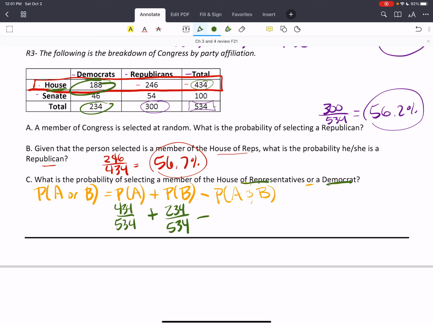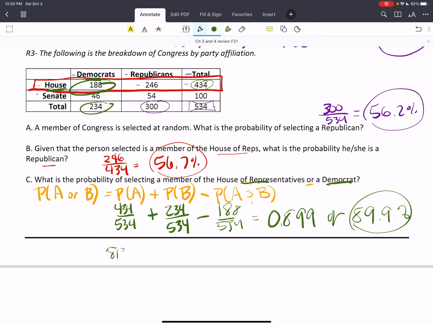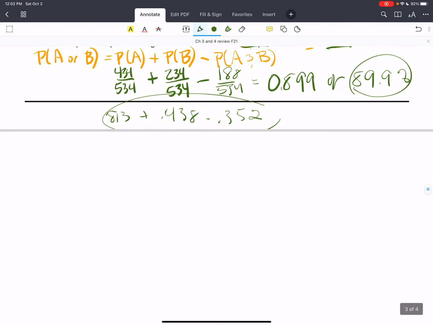So this is 181 over 534. And when you work this out, it comes to 0.899 or 89.9%, okay? Because these numbers here would be 0.813 plus 0.438 and then minus 0.352, okay? So there's the math for that one.